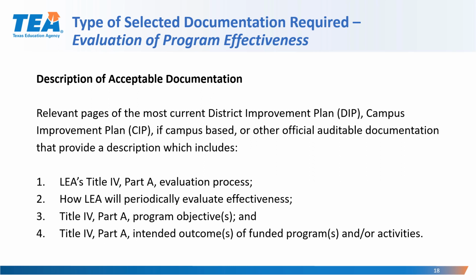LEAs must include the following selected documentation with the completed submission packet to demonstrate compliance with the specific validation requirement. Relevant pages of the most current district improvement plan, campus improvement plan if campus-based, or other official auditable documentation that provides a description which must include all four of these items: the LEA's Title IV Part A evaluation process, how the LEA will periodically evaluate the effectiveness of the Title IV Part A programs and activities that are being supported, the Title IV Part A program objectives, and the Title IV Part A intended outcomes of the funded programs and/or activities.